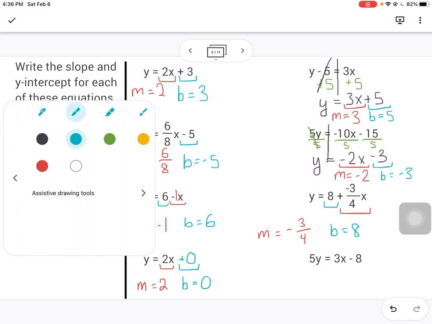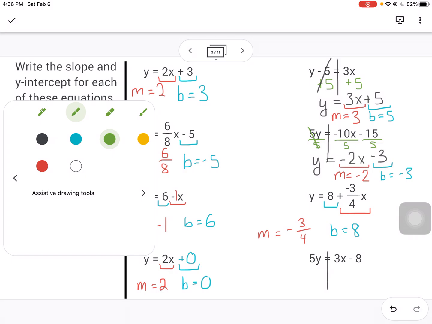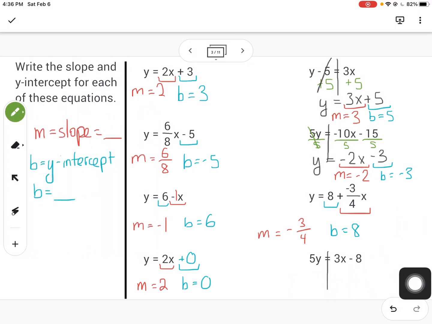And in the last example, we have 5y equals 3x minus 8. Again, we have 5 times y, so we need to divide both sides by 5.